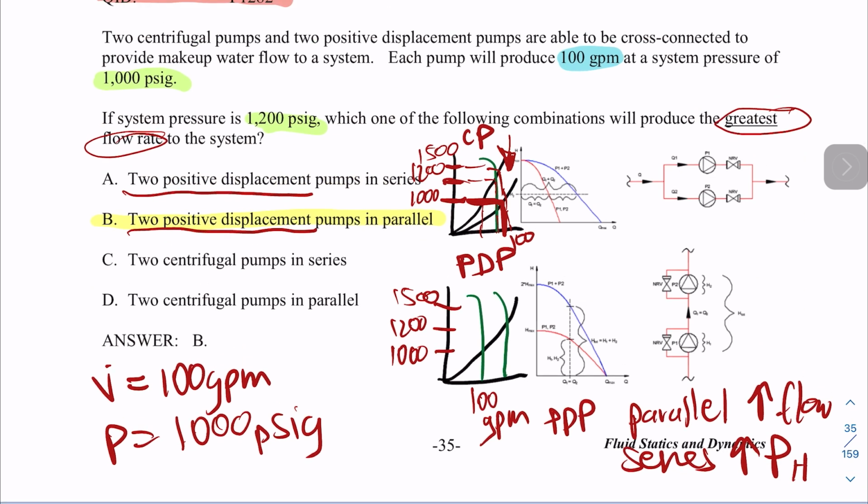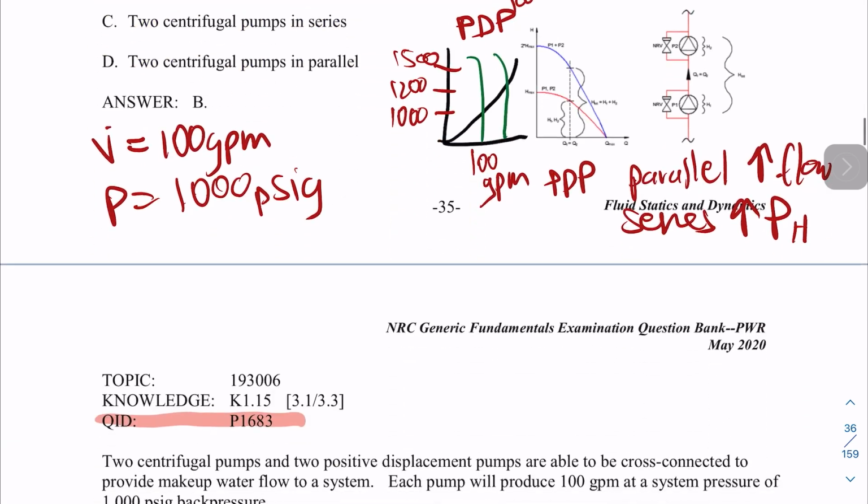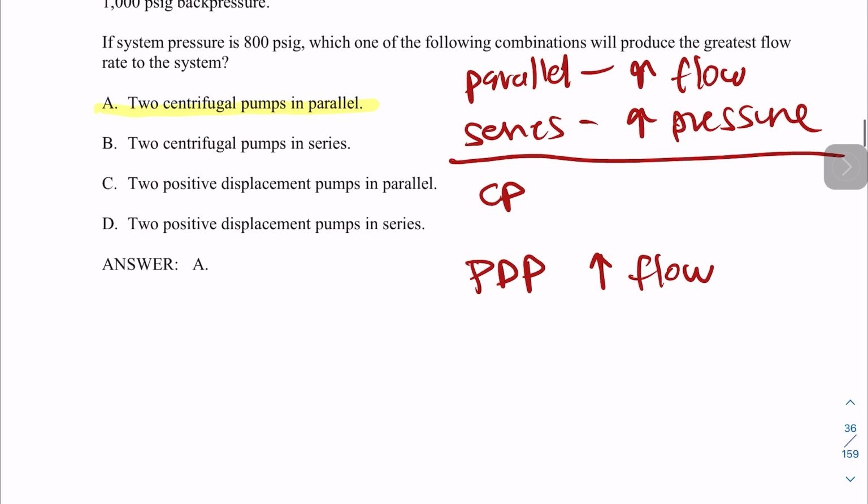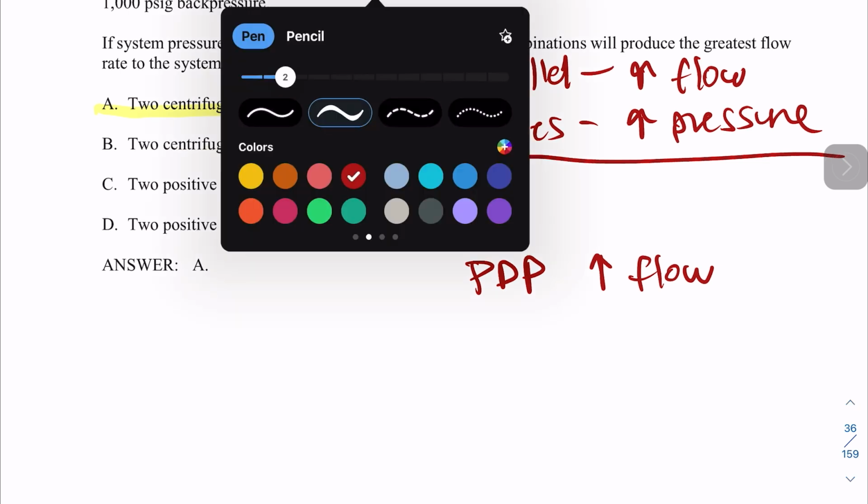In this one, what you were given is a system pressure and it was giving you this GPM, but the system pressure is different. The system pressure in here is greater. In this other one, the system pressure is 800, so you are operating above the system pressure.